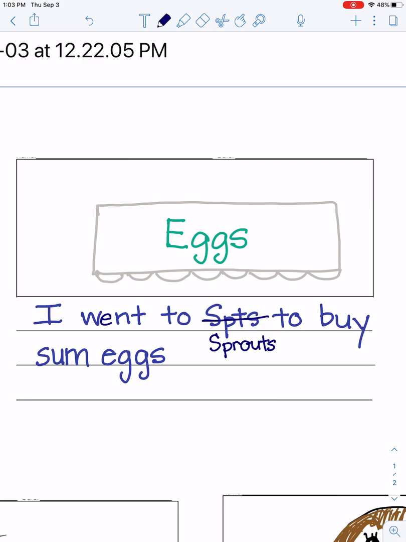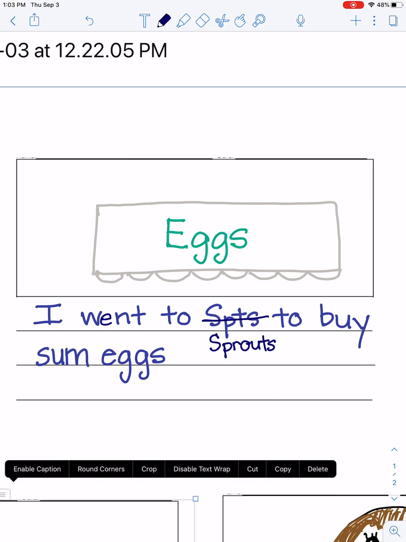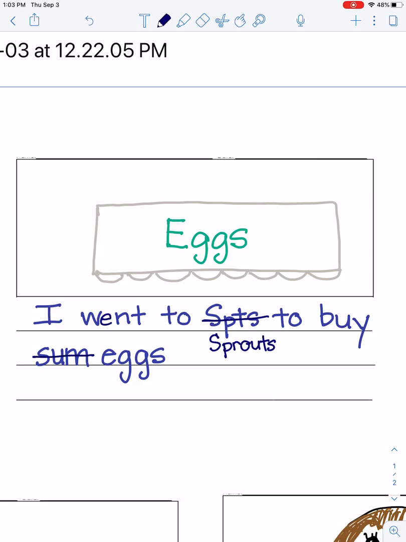I went to Sprouts to buy some, oh no, that's another word wall word. So some is actually spelled S-O-M-E, eggs. Uh-oh, I don't have a period at the end of my sentence, so I need to be sure to add that. So now it says, I went to Sprouts to buy some eggs.